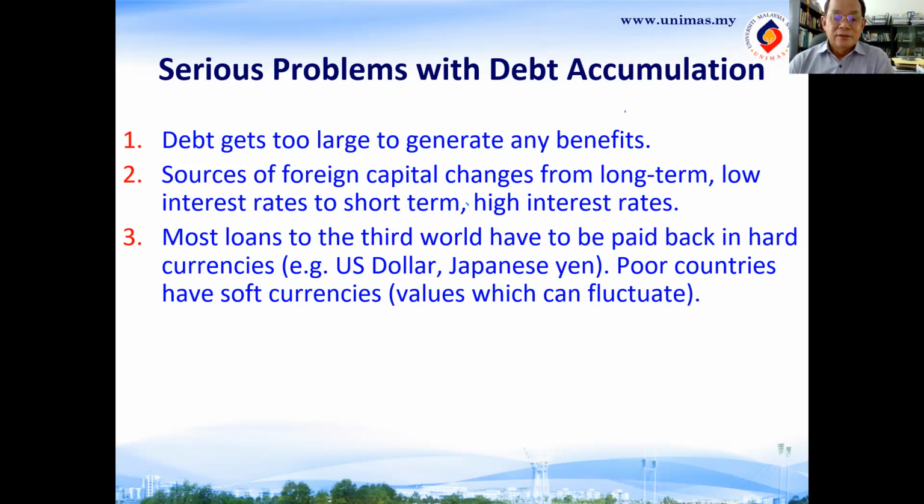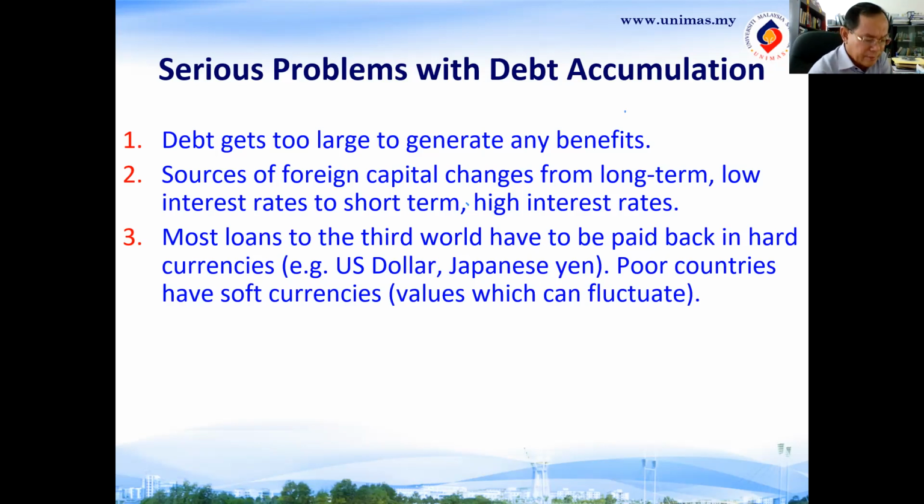So most loans to the third world have to be paid, as we said, in the form of hard currencies, US dollar, Japanese yen, and so on. So poor countries, on the other hand, have soft currencies. Soft currencies, for example, even the Malaysian ringgit is quite soft. Indonesian rupiah, very soft.